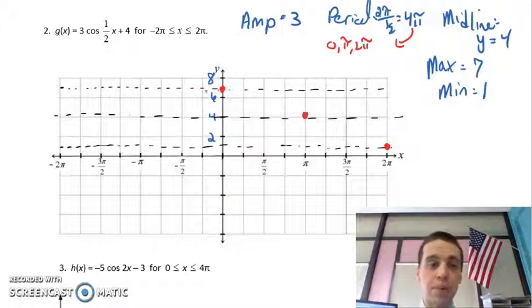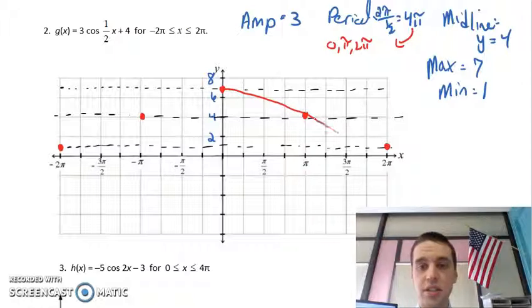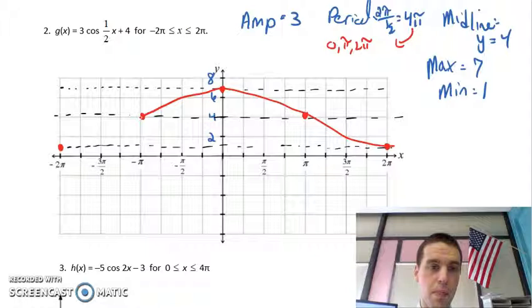And if we go backwards, we know we're decreasing here. We've got to be decreasing here at negative pi, midline, negative 2 pi, the minimum. Sorry, midline, minimum. And so what we're going to look at here is it should look like this. And there's our cosine curve.